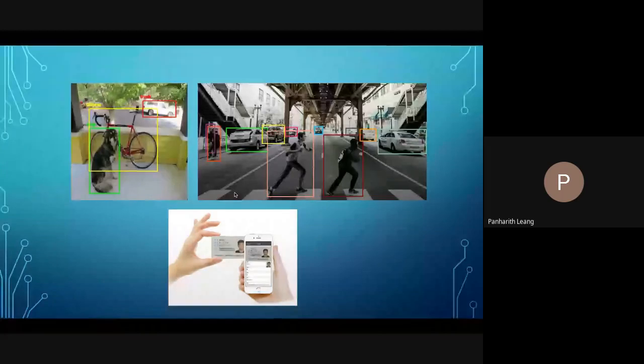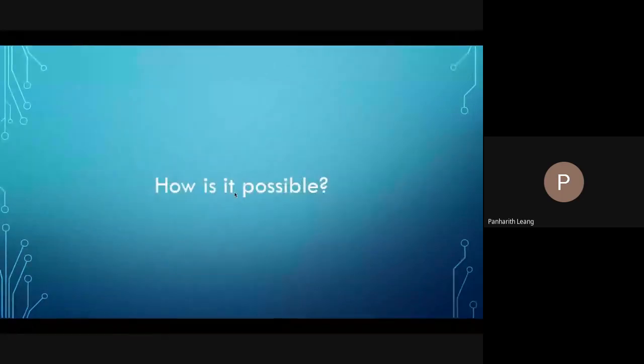This technology allows computer programs to perform tasks that look so human, it feels so intelligent. But with all of this, you may have one question: how is it possible that a computer is able to do stuff like that?